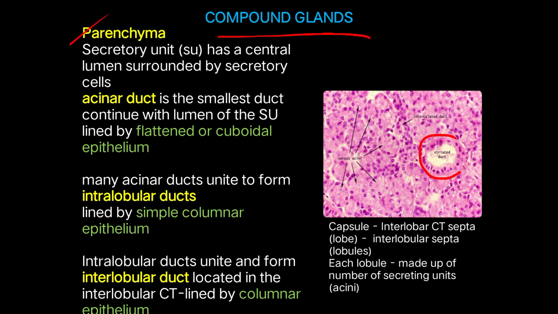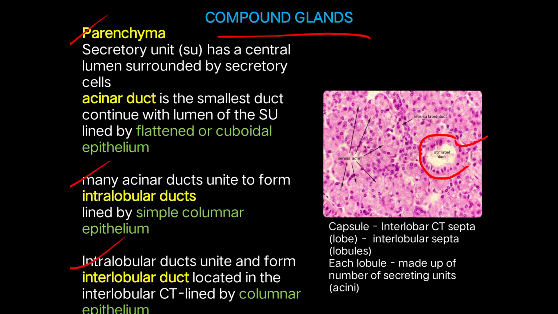As we can see, this is the acinar duct, the smallest duct, continuous with the lumen of the secretory unit and lined by flattened or cuboidal epithelium. In this location, many acinar ducts unite to form the intralobular duct, lined by simple columnar epithelium.